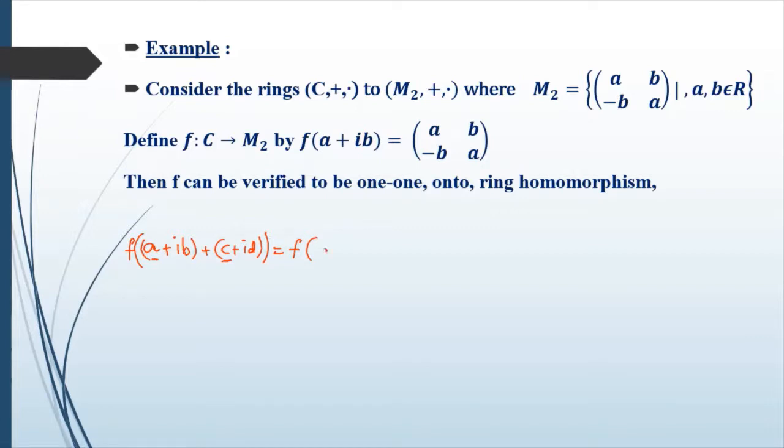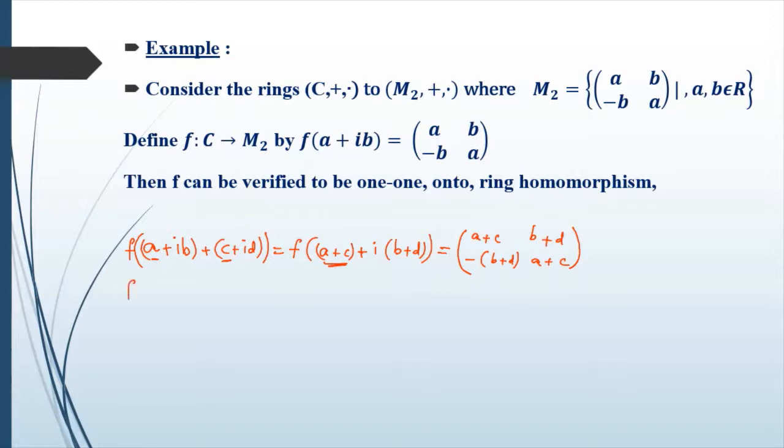So this is nothing but f of a plus c plus i into b plus d. So now you have another complex number, for which f has been defined like this. It is a matrix whose leading diagonal has the real part a plus c, and the imaginary part b plus d here and minus of that imaginary part b plus d. So this is your f of a plus ib plus c plus id.